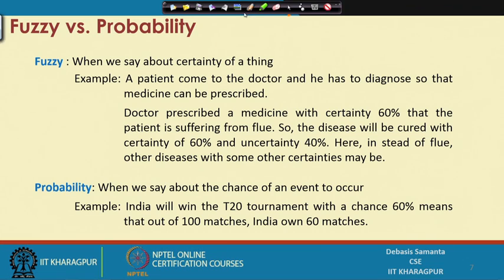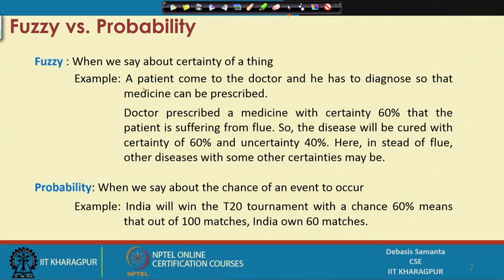First example: suppose a patient comes to the doctor, and the doctor carefully diagnoses the patient and prescribes the medicine. The doctor prescribes the medicine with a certain certainty, let this certainty be 60%. This means the doctor is 60% sure that the patient is suffering from the flu.